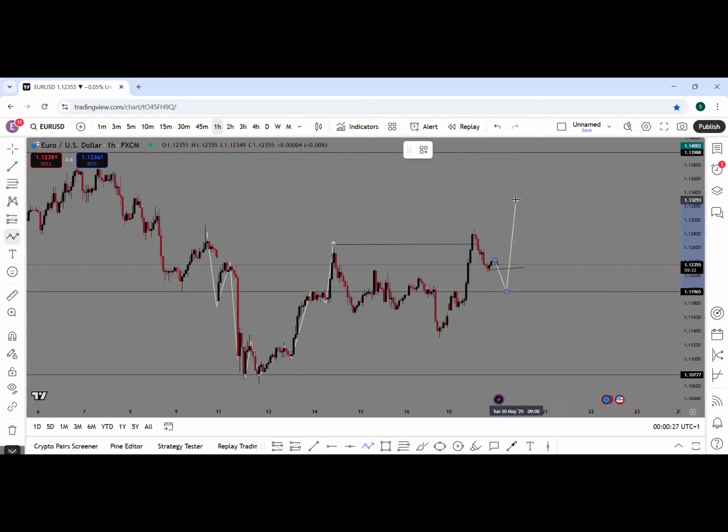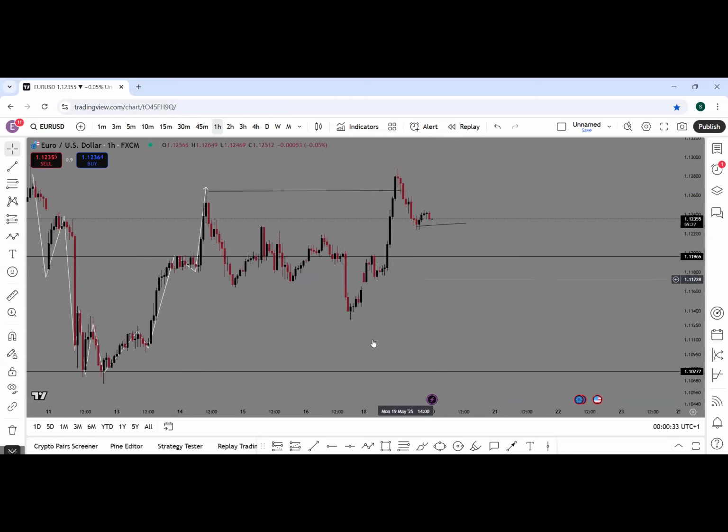Did you see another breaker block there that is not yet mitigated? Yes, which is this one, because before price broke past this side, price created a high and a low and a high. So this low is supposed to mitigate this high again and give another high.